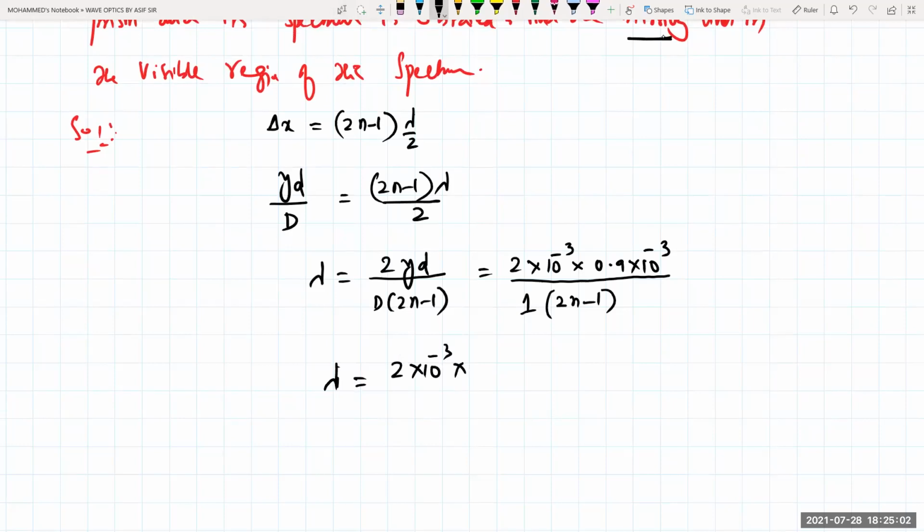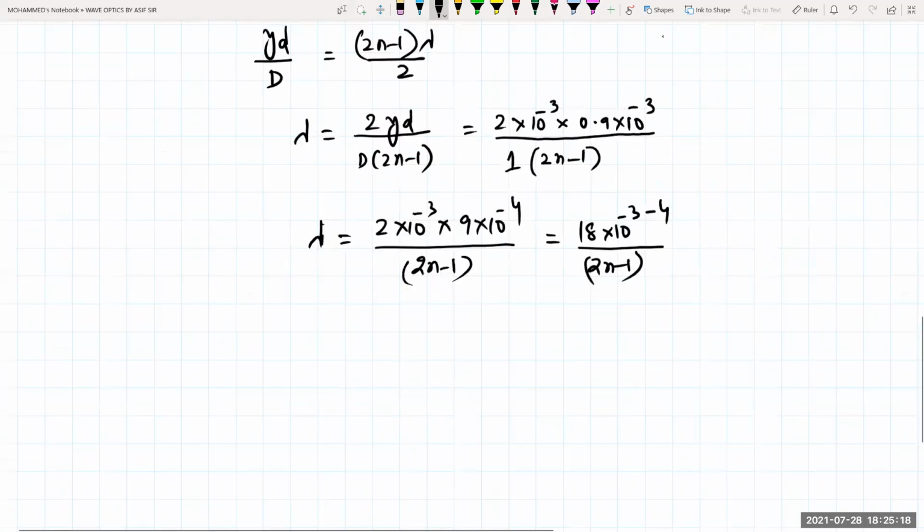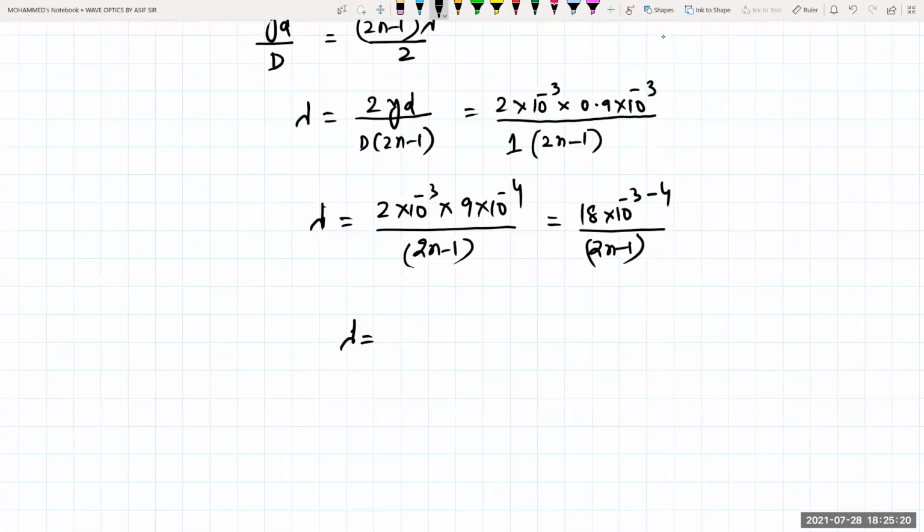If I remove the point, this becomes 9 into 10 to the power of minus 4 divided by 2n minus 1. 2 nines are 18, so 18 into 10 to the power of minus 3 minus 4, divided by 2n minus 1. That is 10 to the power of minus 7.